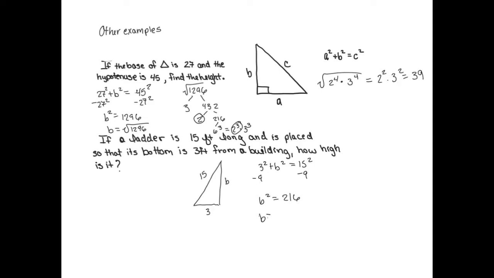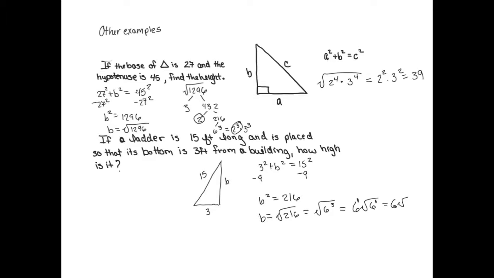So we're looking at b is equal to the square root of 216, which we know is equal to 6 cubed. So we'll go ahead and divide by 2, and so we're going to get 6 and the square root of 6, because 2 goes into 3 one whole time with a remainder of 1.